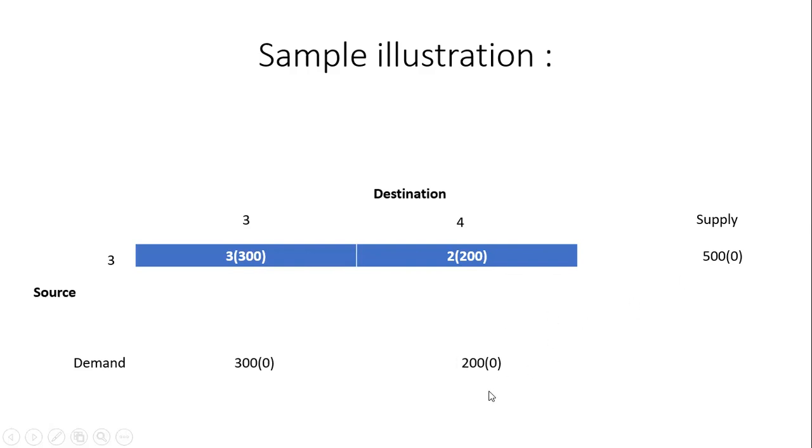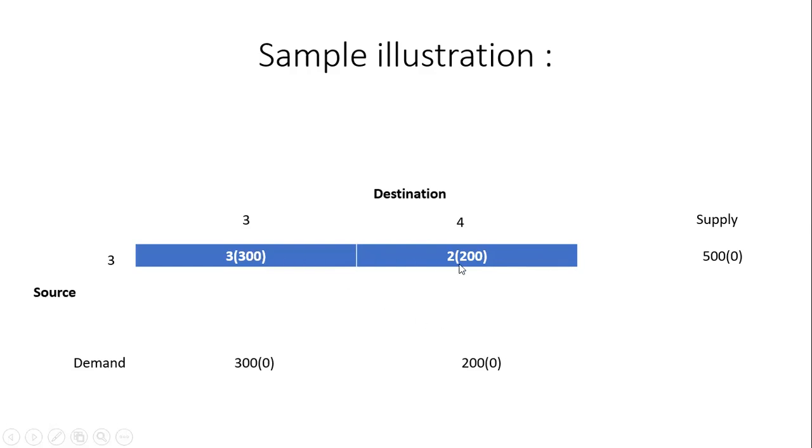Next, compare the demand for column 4. For column 4, here it was 200 and supply is 500. The minimum is 200. So here also we are meeting the demand in column 4. 200 minus 200, this has become completely 0.